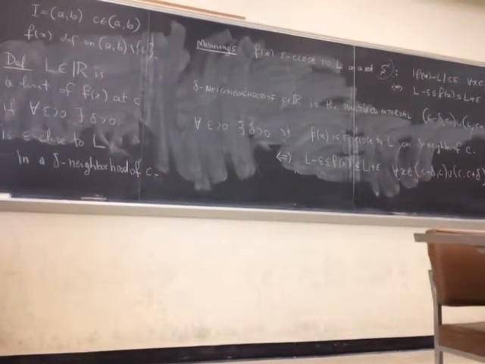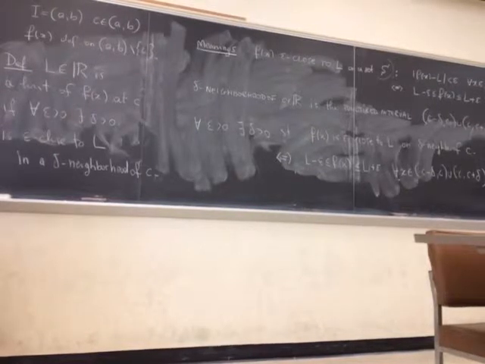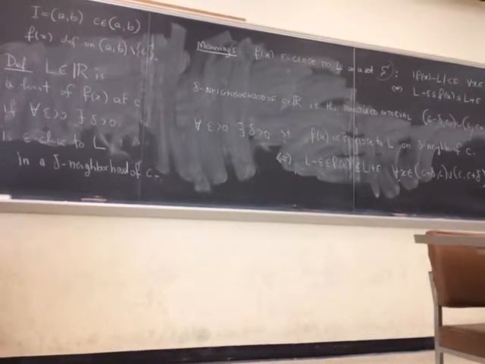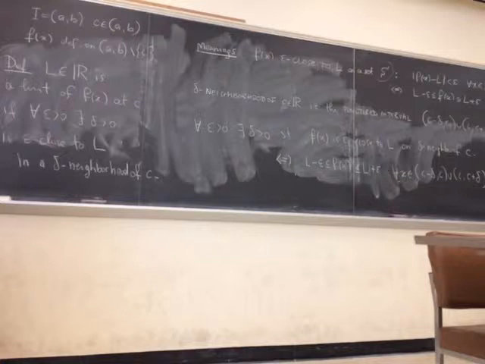So, if this is my point c, here nearby there will be a and b. Here there is this candidate value L for the limit of my function.